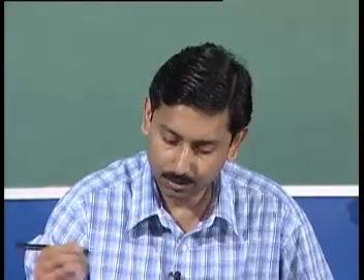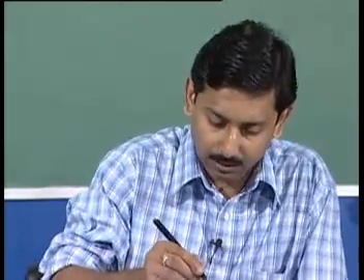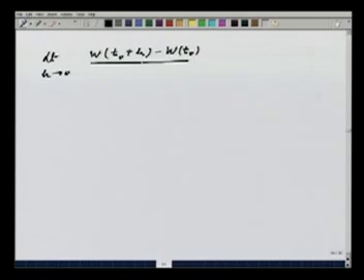Now using this, let me start with limit h going to 0 of w of t naught plus h minus w t naught divided by h, because w is a function from R to R, so I use the standard definition of differentiation.